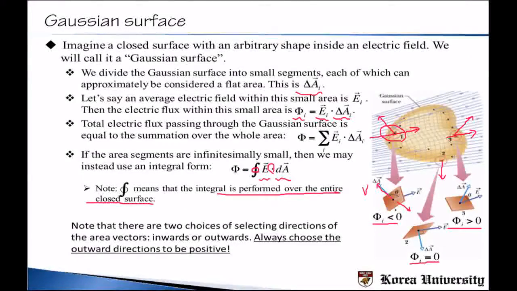That will be very confusing. So in order to avoid confusion, let's make a promise. In this course, whenever you have a Gaussian surface, we will always choose the area vector to be coming out of the surface, not going inside, okay?